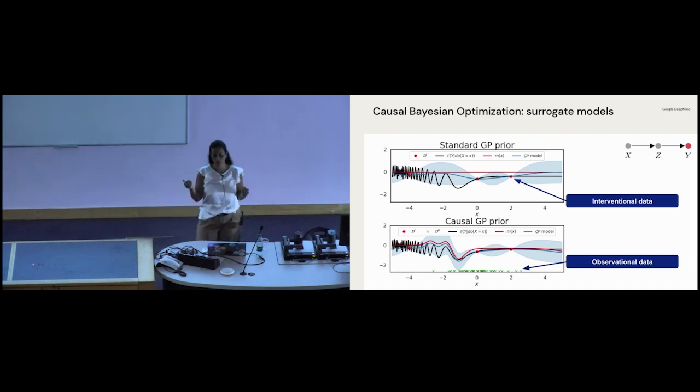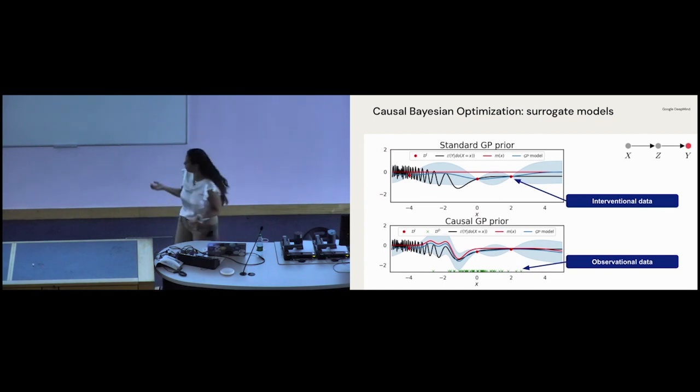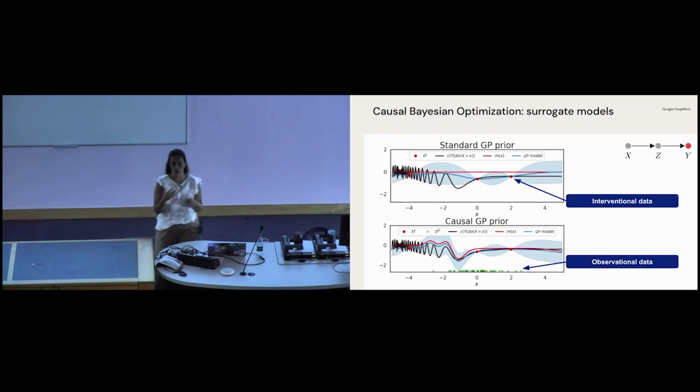However, what happens when you use observational data in the mean function is that you get a good representation of your underlying function even in areas where you don't have interventional data. So in a way, you're augmenting your data set with data that are noisy. You can think about it as a sort of multi-fidelity model if you're familiar with that.